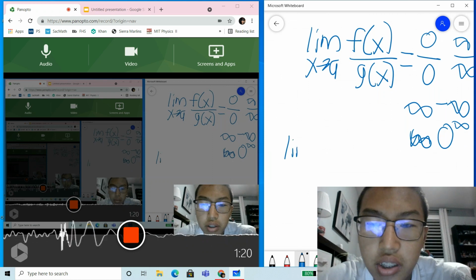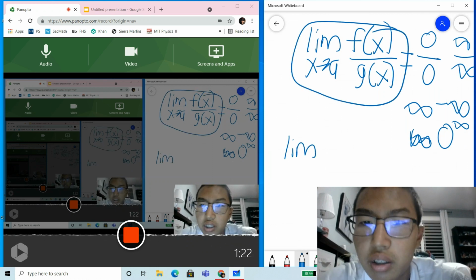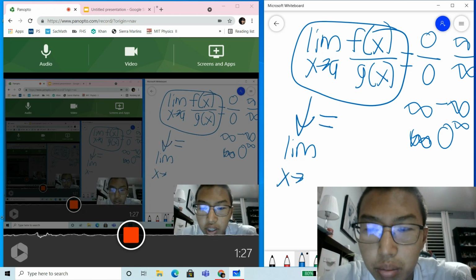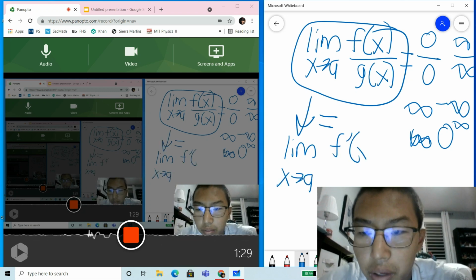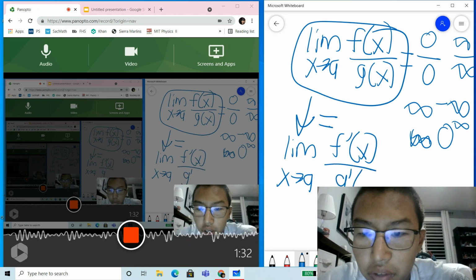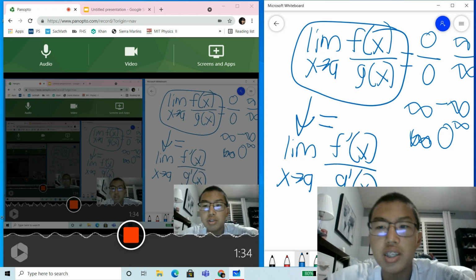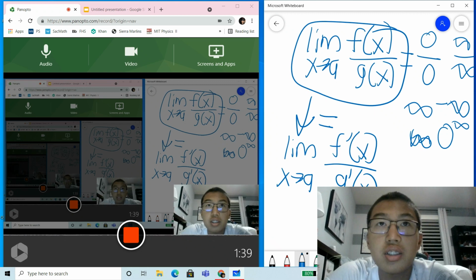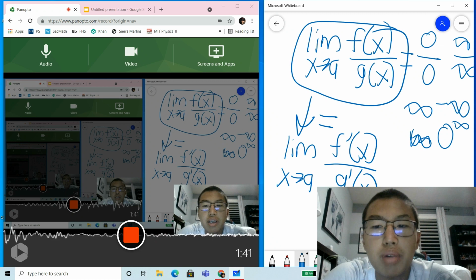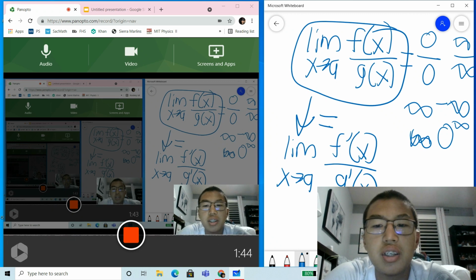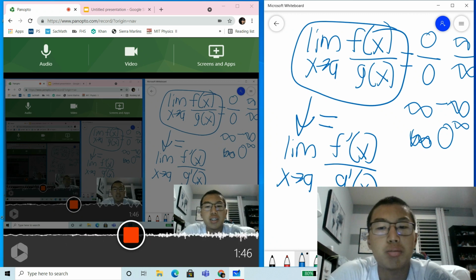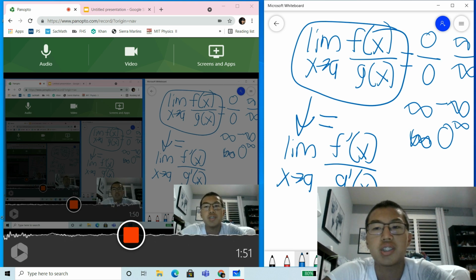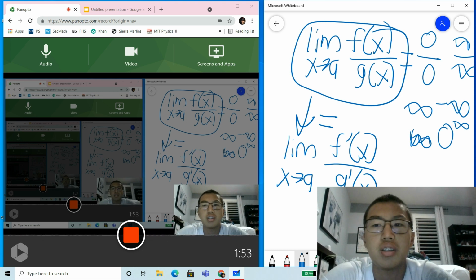And L'Hopital says this equals the limit as x approaches a of f prime of x over g prime of x. So you can in a sense take f prime of x over g prime of x, as x approaches a, if f of x over g of x gives you an ambiguous answer.